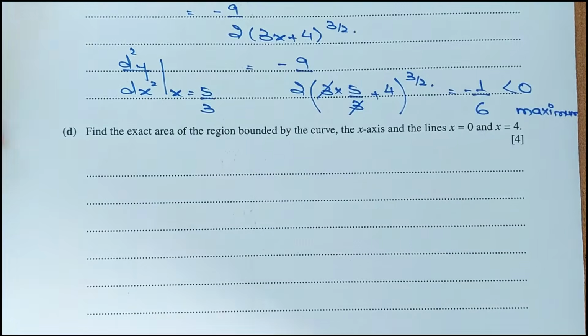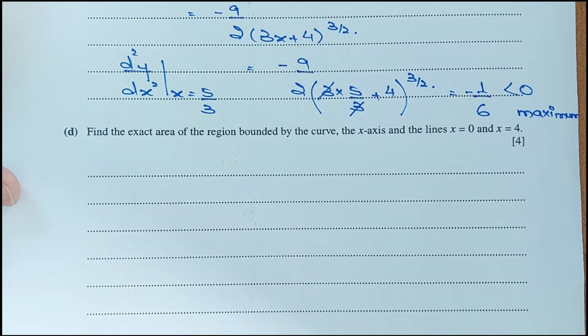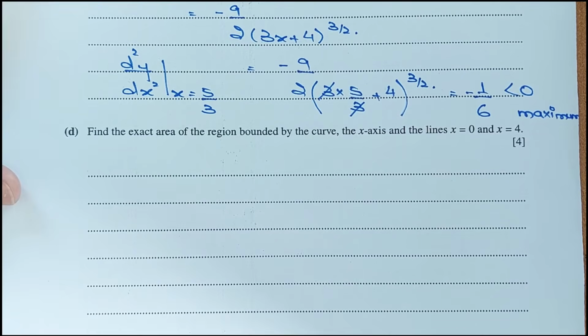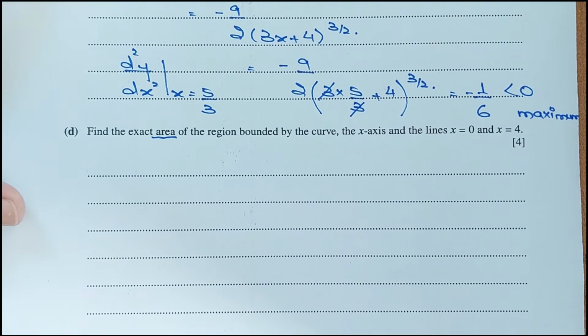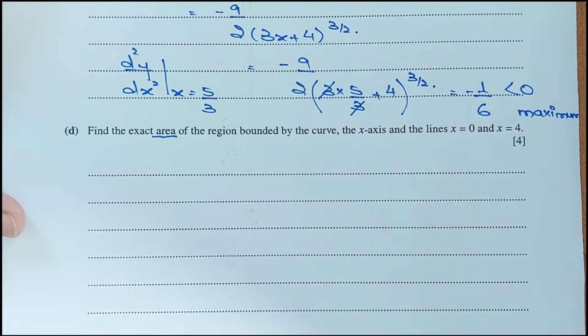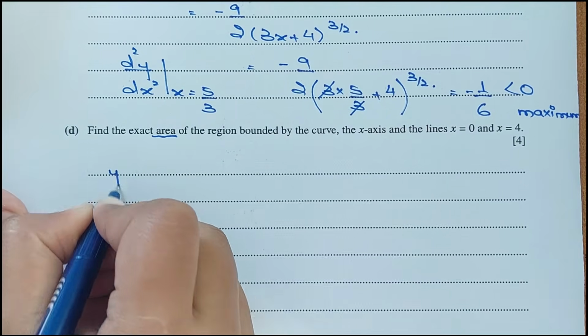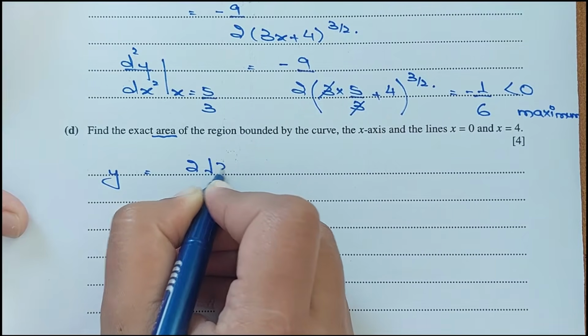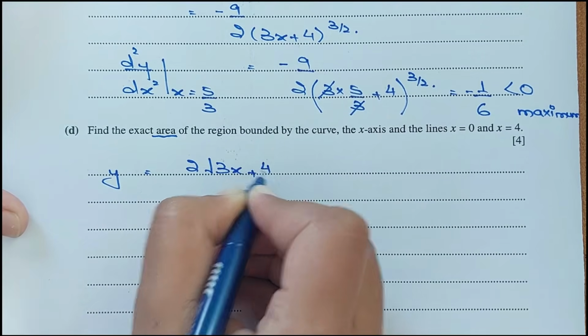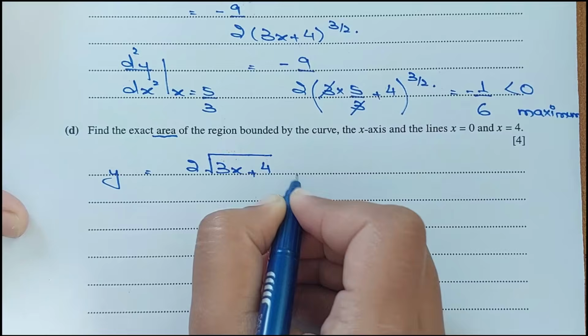Moving to part D, find the exact area of the region bounded by the curve, the x-axis, and the lines x equals 0 and x equals 4. For the exact area, we have to integrate. We have the curve y equals 2 square root of 3x plus 4 minus x.